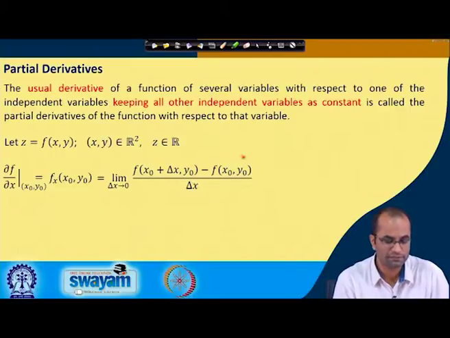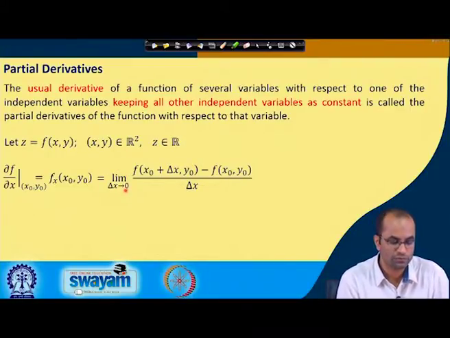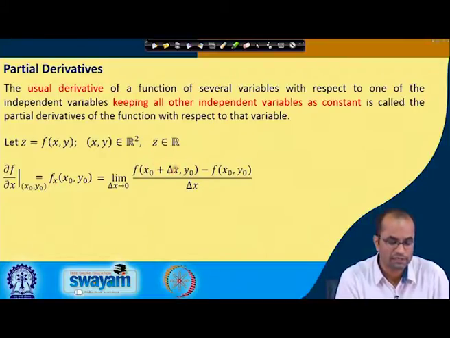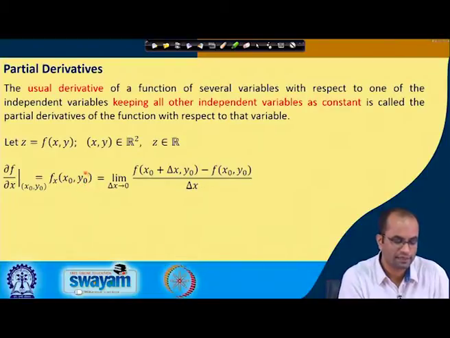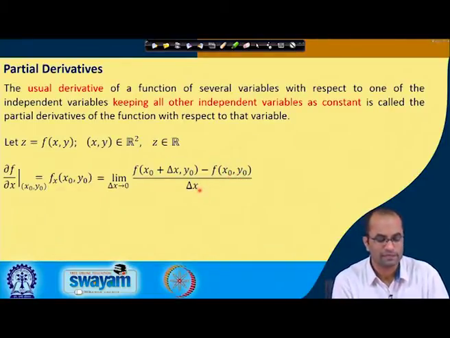Using the fundamental definition of the derivative, the limit as delta x goes to 0, we make an increment in x0. So, x0 plus delta x, because we are taking the partial derivative with respect to x, and y0 we are not changing; it remains as it is, minus the function value at (x0, y0), divided by delta x.